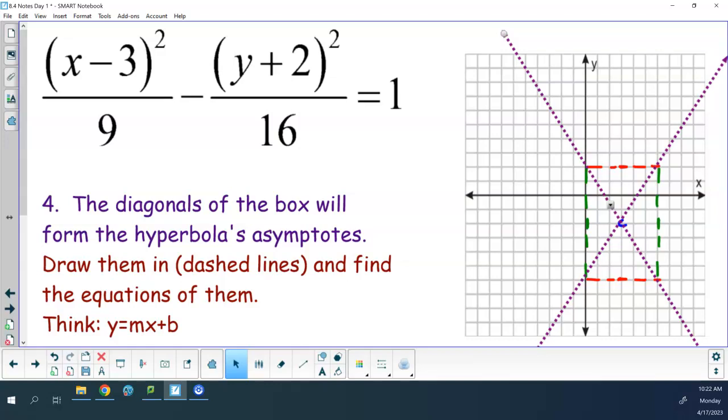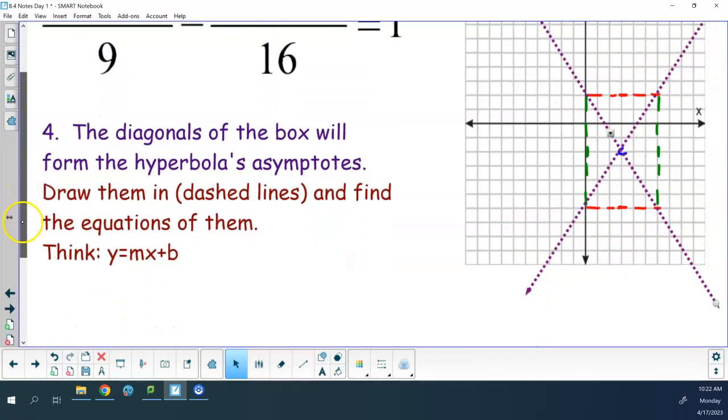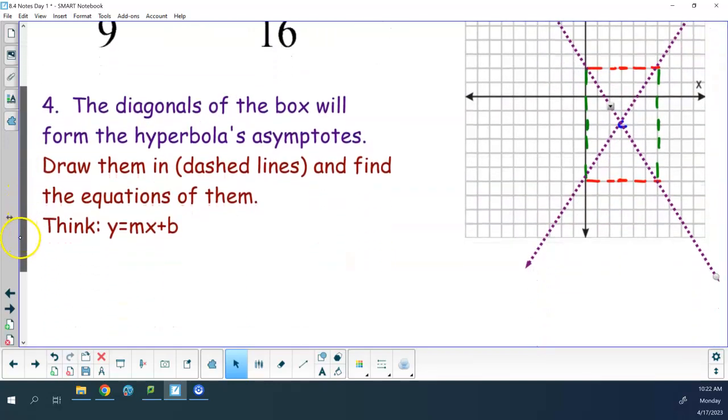Now there's extra math that comes in on this one, and that is we also have to come up with the equations for the asymptotes.